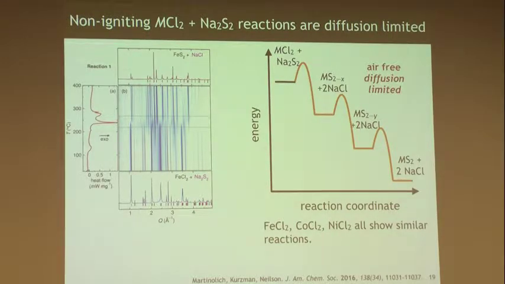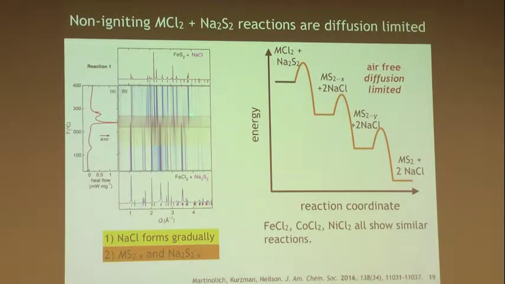Plotted over here is differential scanning calorimetry data on a different sample, admittedly, but you can see things correlating. So the first thing that happens is a little peak that grows in here, and that corresponds to the formation of sodium chloride. And in the calorimetry, we see a little tiny bump. So that's what I'm depicting here. We hop over one barrier into one potential well, and then we form several other phases. I'm skipping all of the details for this colloquium audience, but we form a bunch of sulfur-deficient metal sulfides and a bunch of sulfur-deficient sodium sulfides.